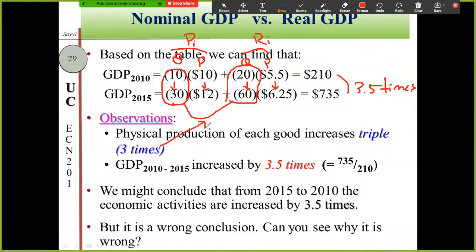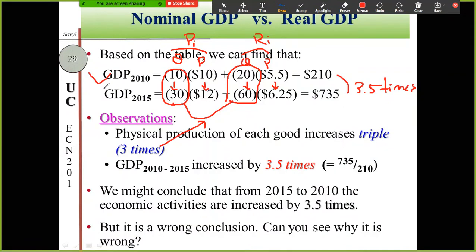Okay, that's why this is the difference. So if you want to measure or compare the economic activities, the activities of doing something in your country, in your state, in your province, in your city, what do we need to do? We do it this way or the other way.